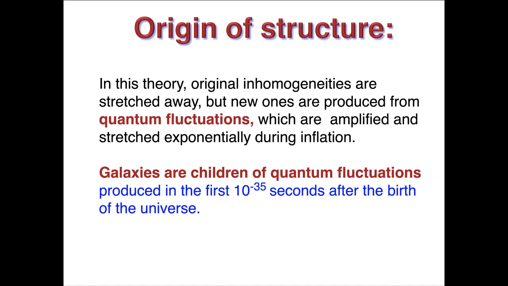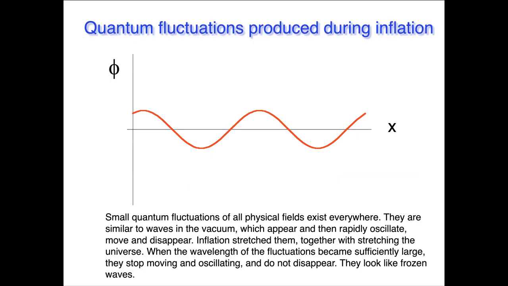Not all, but most. And these experiments are confirming inflation. But what are these quantum fluctuations actually? The idea is the following. You have quantum fluctuations of all fields, including scalar fields, everywhere.